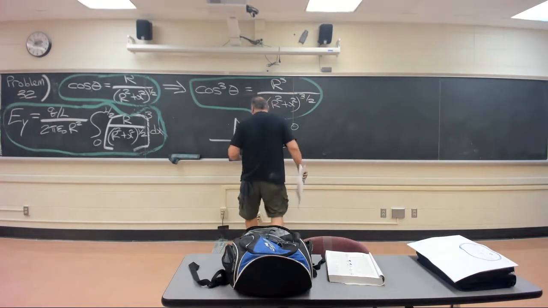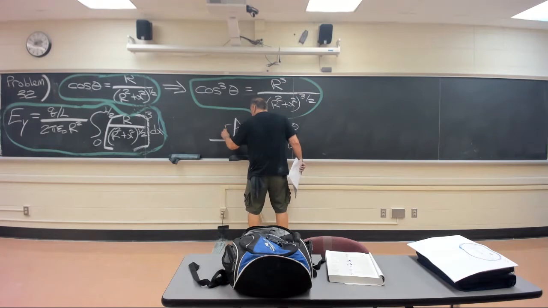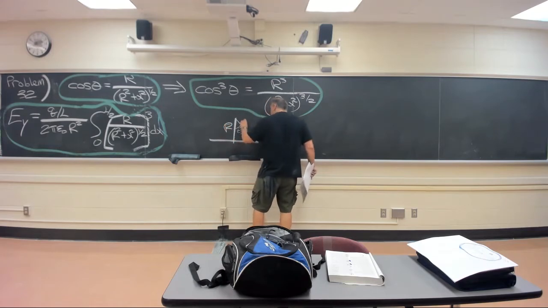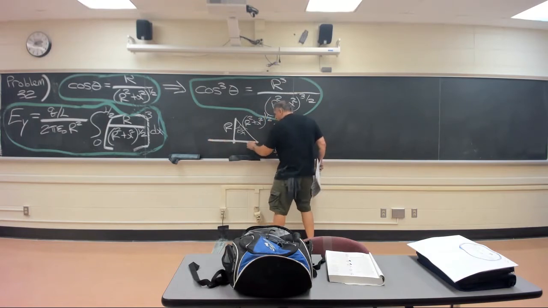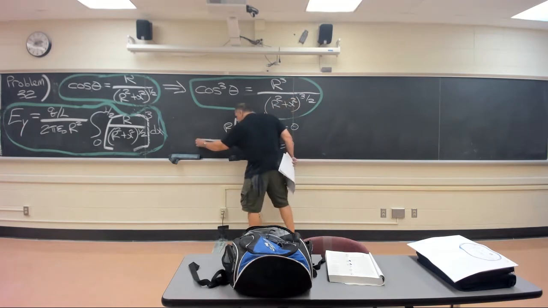We know this is R. This is R squared plus x squared to the 1/2. And this from 0 to here. Now, we know how long it is now, but let's say this thing goes further. That's just in general. Let's say this thing is longer than that. It comes this way.